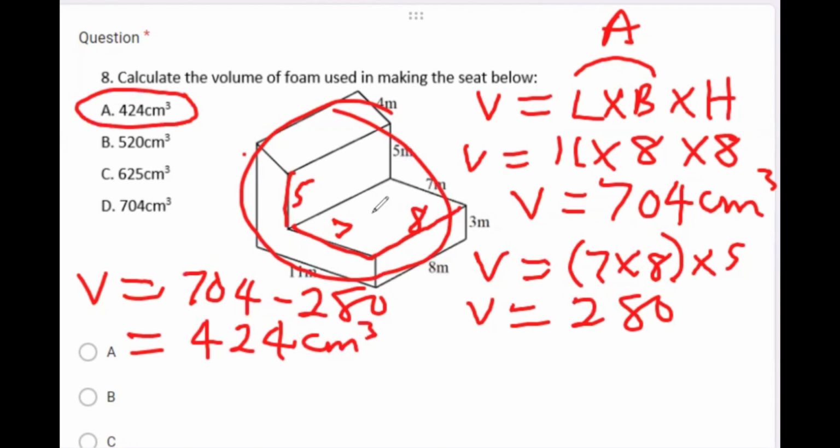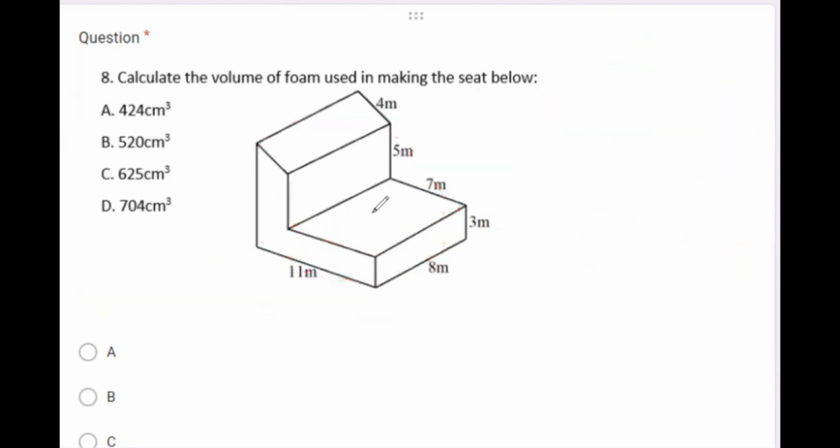However, if we don't want to do it this way, we can simply cut this along horizontal, cut it along this line like this, so that we have the cuboid down and the cuboid up, and find the volume of each of them separately, and at the end of the day we add them together.